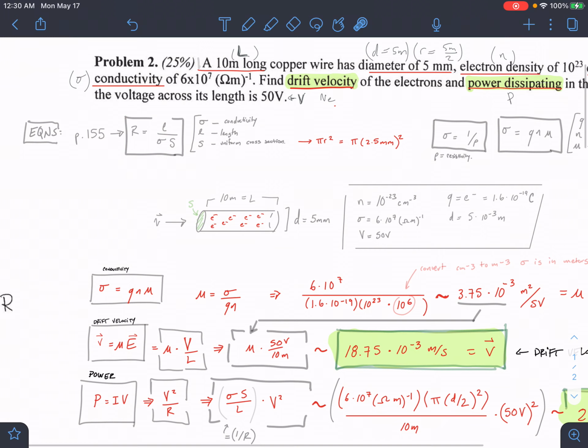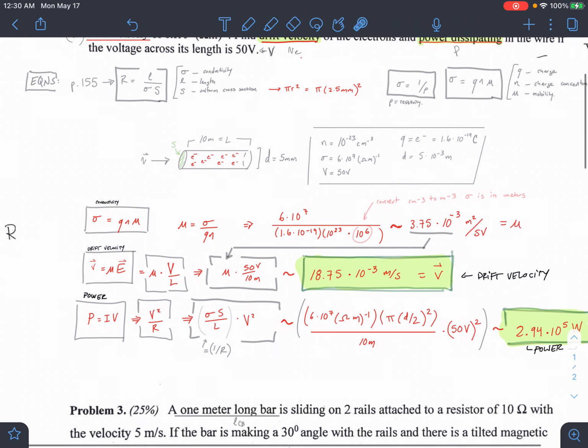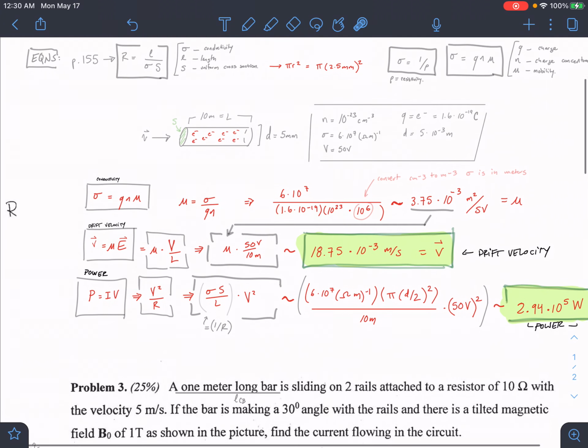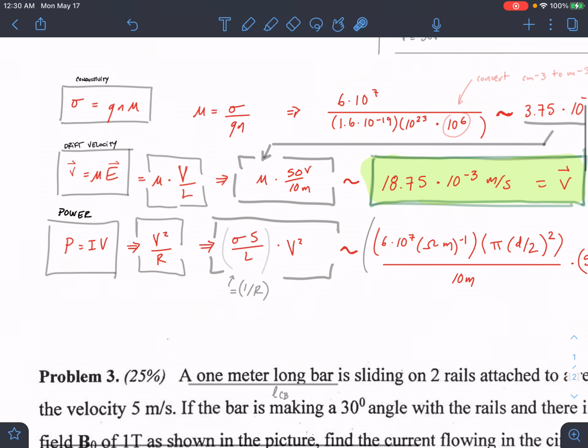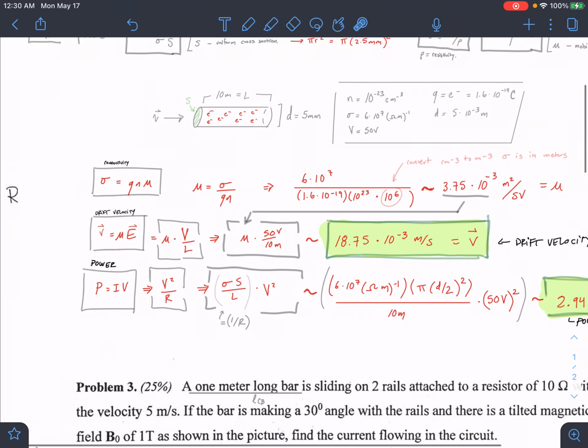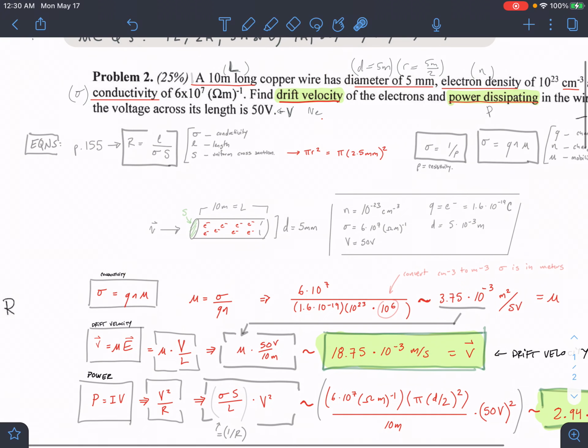So we use that to find our resistance. And once we have our resistance, we can go ahead and plug that into our equation here. So we have 1 over R, we just flipped the denominator here. So we have L on the bottom, and then sigma S on the top, okay? Sorry, I changed the case here.